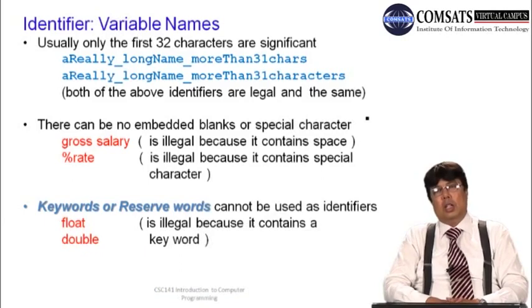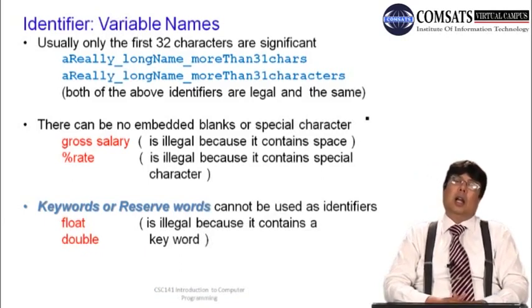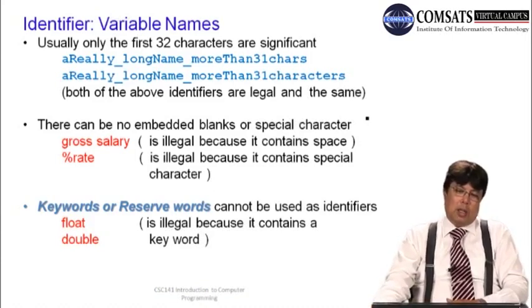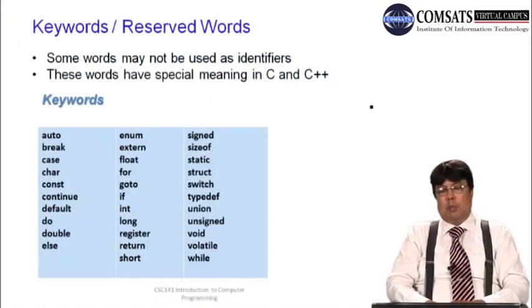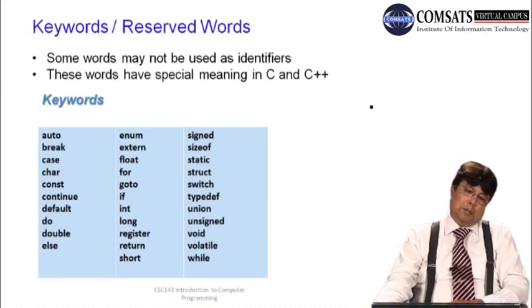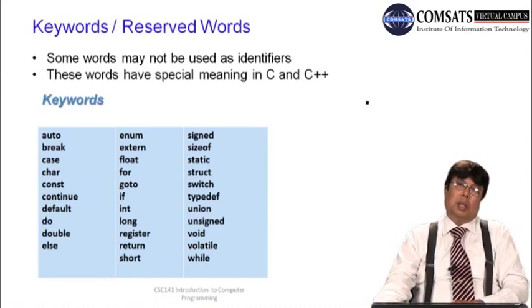So you cannot change the meanings of the identifiers or the keywords that the compiler has defined by itself. So I'll give you some keywords in this table. These are the keywords that have special meaning in C. You can add a few more to complete the list in C++. This list is basically for C. If you are confused with C and C++, I promise to explain you very shortly.